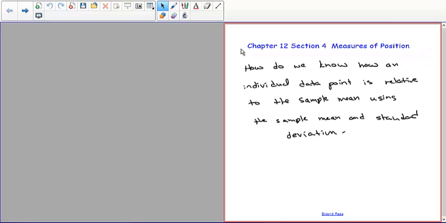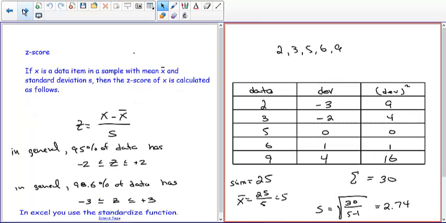Chapter or section 4 was about measures of position. The main one was z-score, which was pretty easy. You just take the difference between the x value and the mean and divide by the standard deviation. And usually 95% of the data have z-scores between -2 and +2.